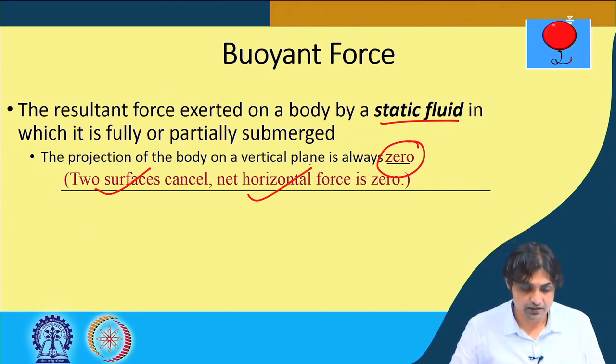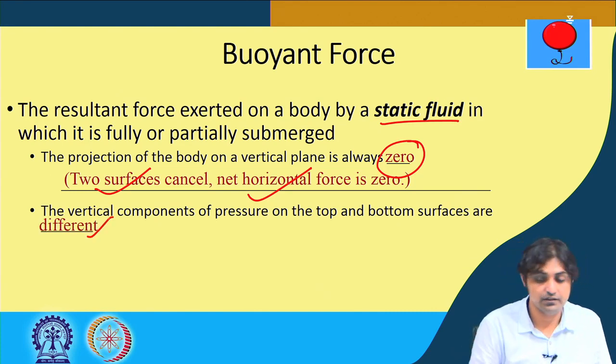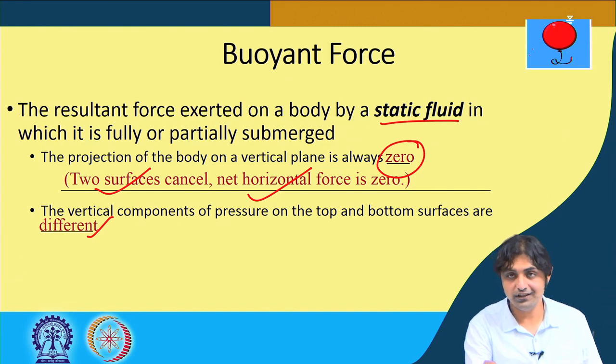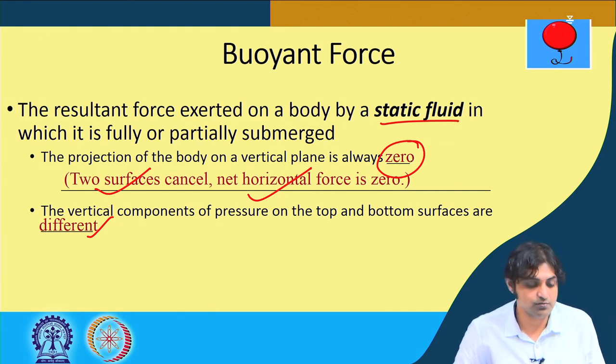That is very important. The vertical components of pressure on the top and bottom surfaces are different, however, because at the top the pressure will be different and at the bottom the pressure will be different.